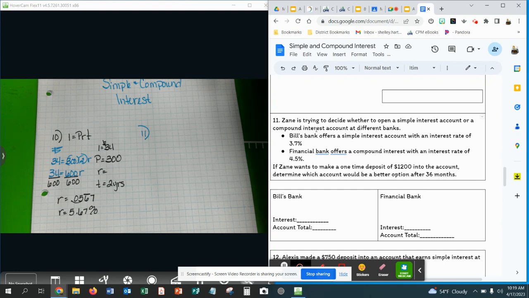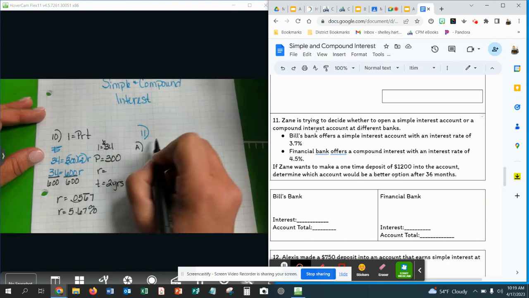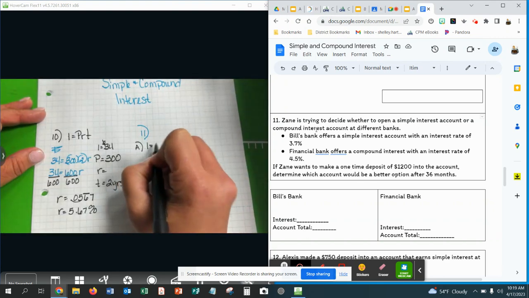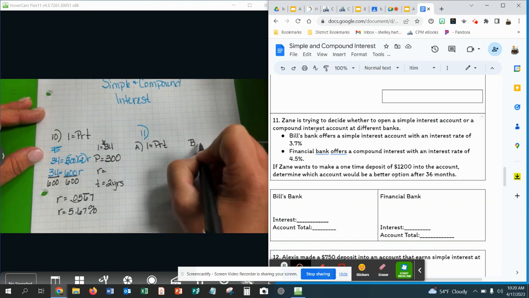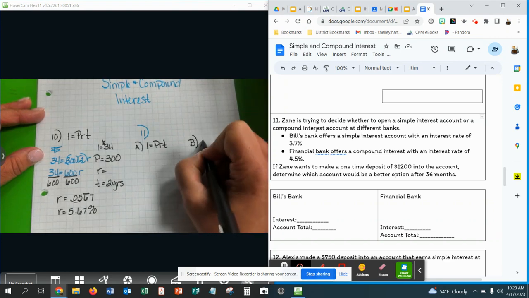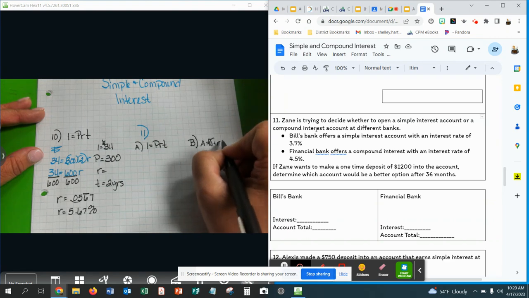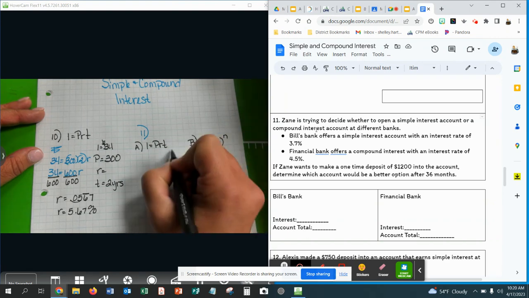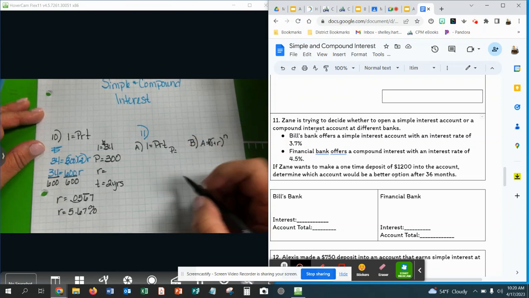All right, so we have two things that we're looking at. We're going to say A is simple interest, which is principal times rate times time. And then B is compound interest, which is A equals principal times 1 plus rate over N. Let's put in the principal of $1,200. Great.